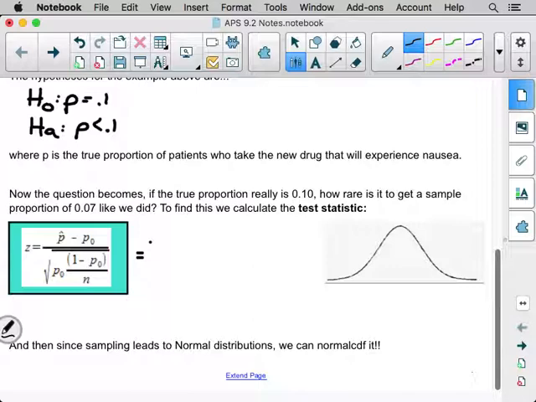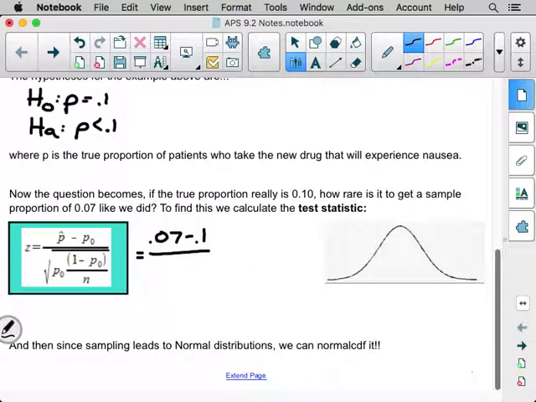All right. So you take your sample, your observation, minus the true center. Well, what are they saying the true center is? 0.1, right? So right now we're assuming it is 0.1. Until we've gained evidence against that, we're assuming the 0.1 is true.